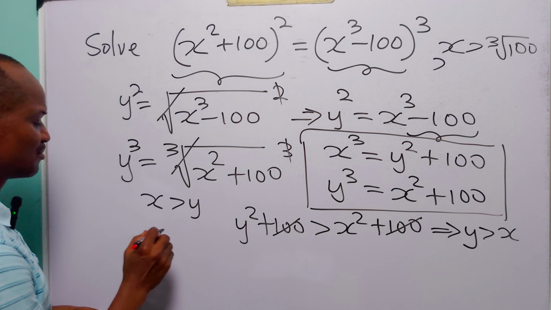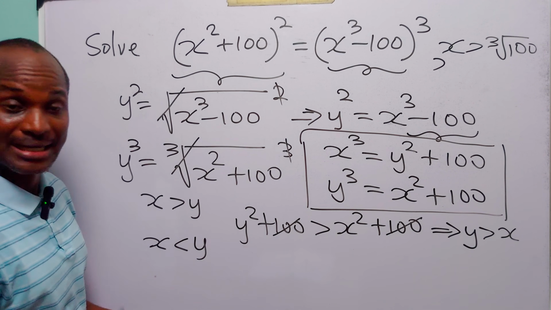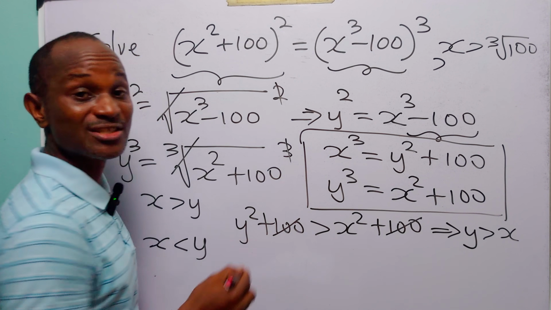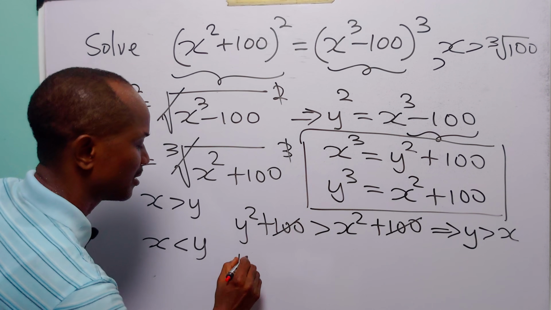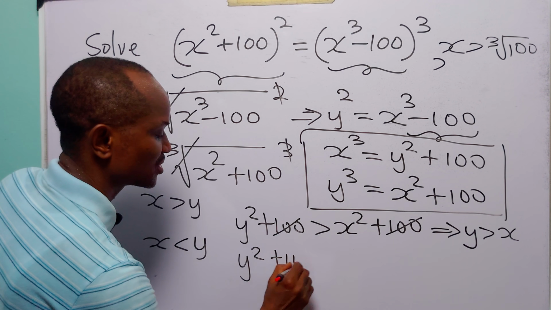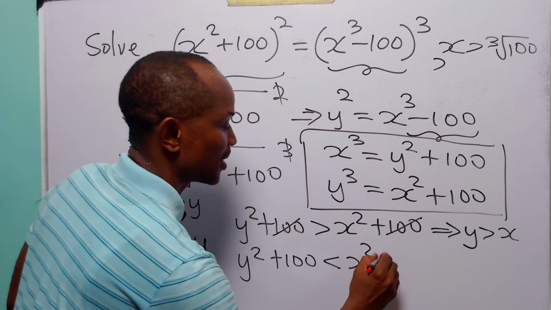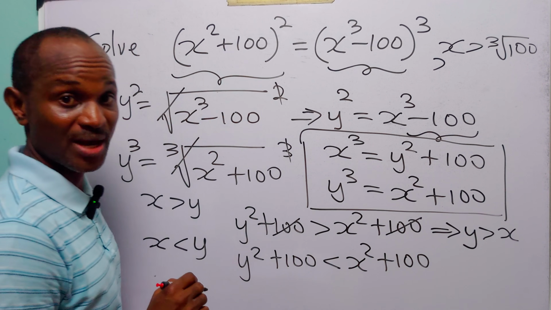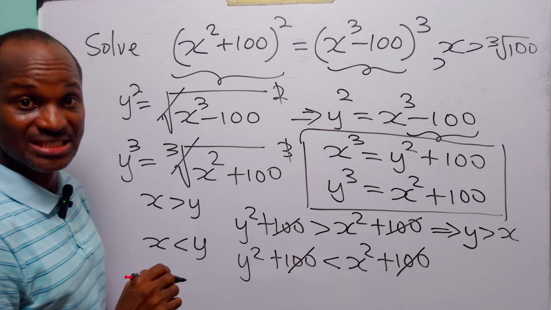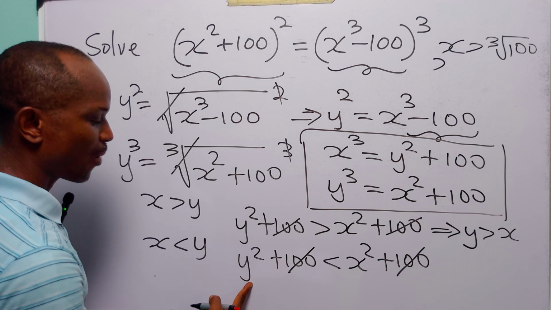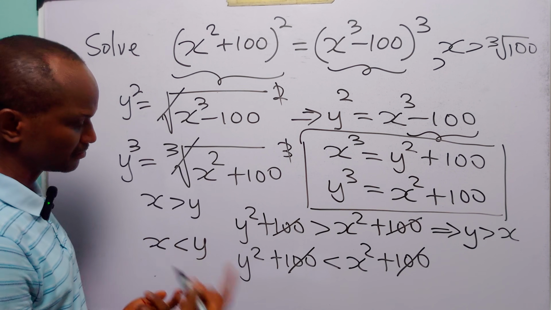Now let us assume that x is less than y. That means that x cubed is going to be less than y cubed, and that means that y squared plus 100 is going to be less than x squared plus 100. Once more, if we subtract 100 from both sides of this inequality, we have that y squared must be less than x squared.